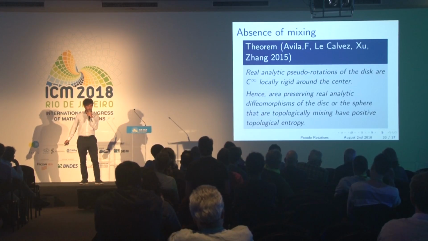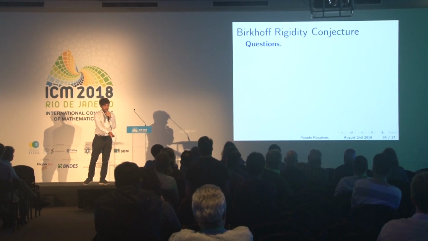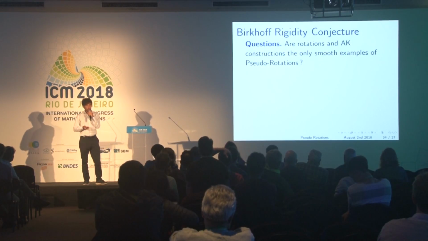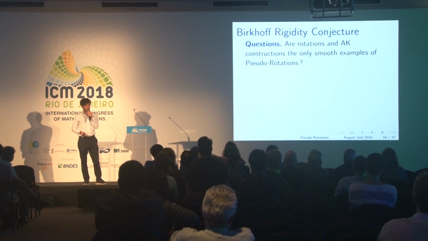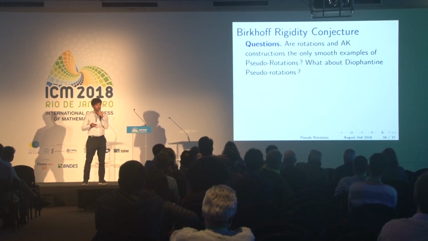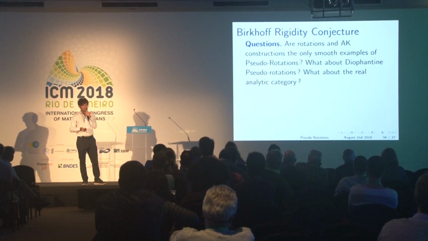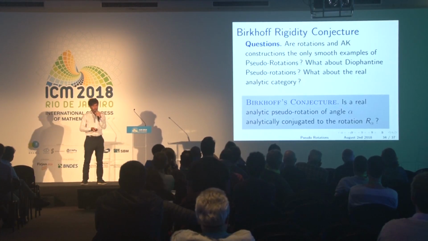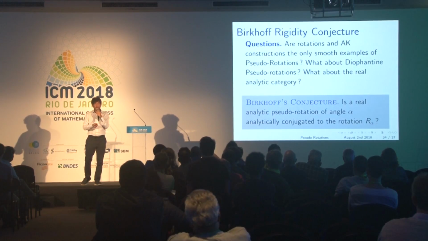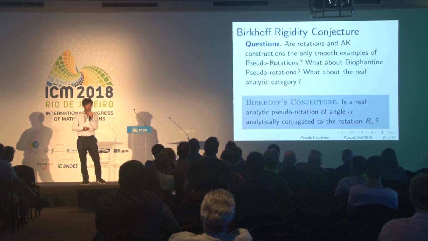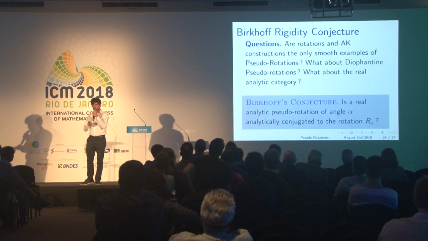Then a natural question is, are all pseudo-rotations Anosov-Katok? Are Diophantine pseudo-rotations Anosov-Katok? What about real analytic? Why? Because if the angle is Diophantine and it's a pseudo-rotation, by Rüssmann's theorem, locally you are conjugated to a rotation.